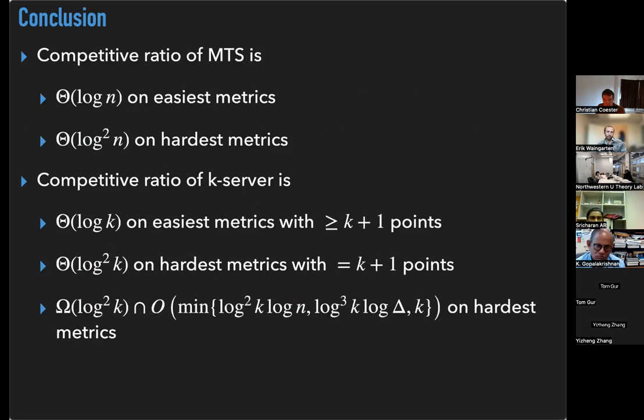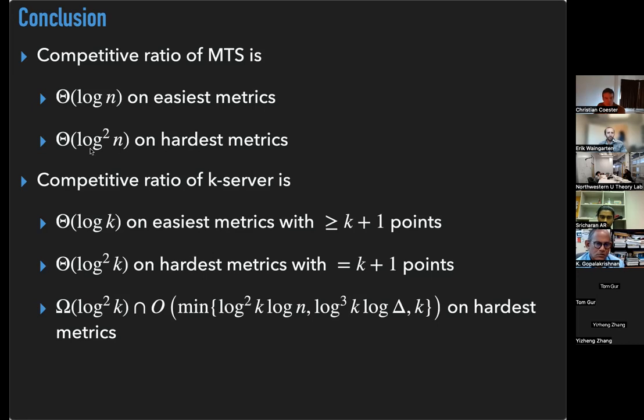Okay, I realize I'm faster than I thought, but I'm already on my last slide. So let me conclude. The competitive ratio of metrical task systems is log n on the easiest metric spaces because of our universal lower bound and the existing upper bound.